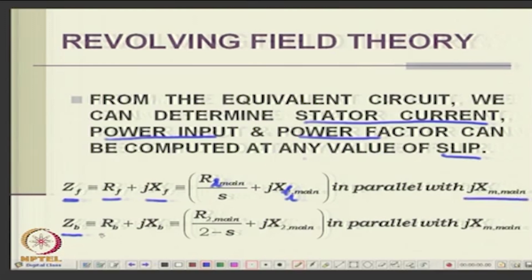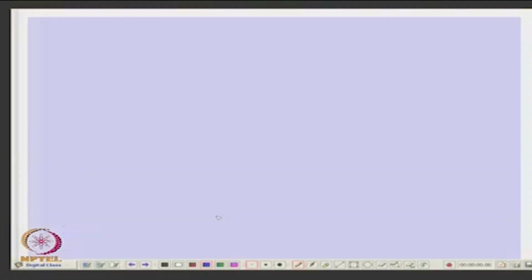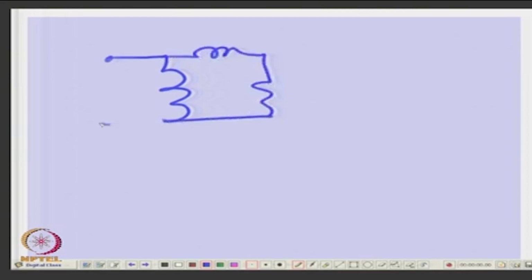And ZB is RB plus JXB, where RR over (2 minus S) plus JXLR is in parallel with the magnetizing reactance. So, what we are trying to say is, ZF will have JXLR, RR by S and JXM.